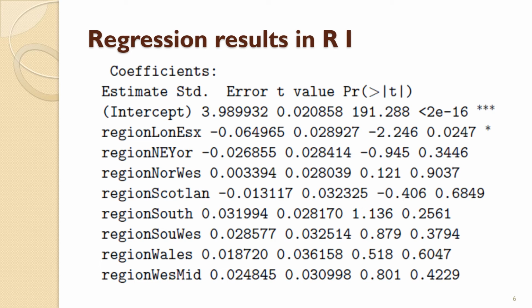So here only the second row is important, this second row corresponding to the London Essex region, precisely because there's an asterisk and the p-value is 0.0247, which is less than 0.05. And then if we move from the right to the left, we see that the estimated coefficient is minus 0.064965, which is negative.